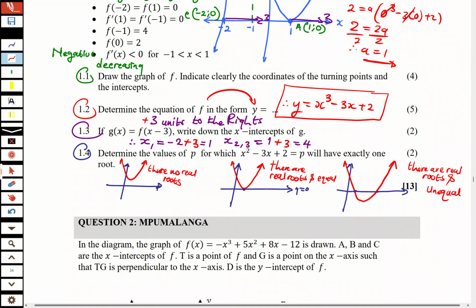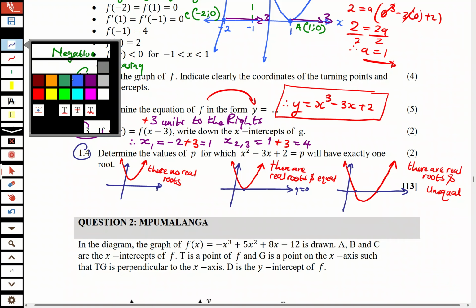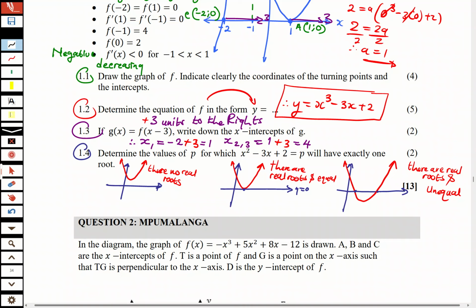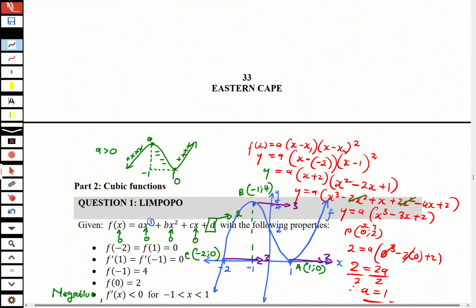So now, whenever you are dealing with the roots of a quadratic function or a parabola, remember that whenever you want to find the roots of a quadratic function, you always use this formula, the quadratic equation, which is x equals minus b plus and minus the square root of b squared minus 4ac, and then everything divided by 2a.